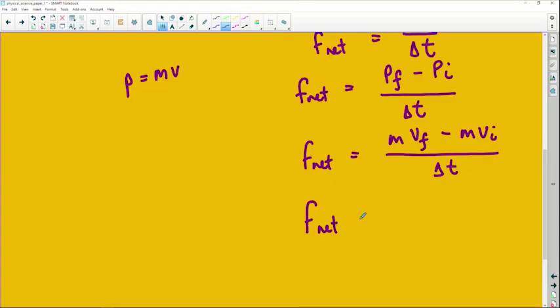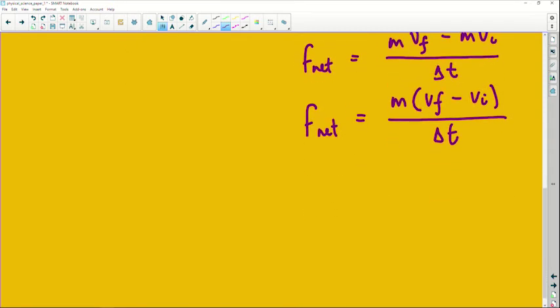Right, so we have F net is equal to m multiplied by Vf minus Vi, everything divided by delta t. So now we have the equation in a form where we can substitute the values for each of these physical quantities.